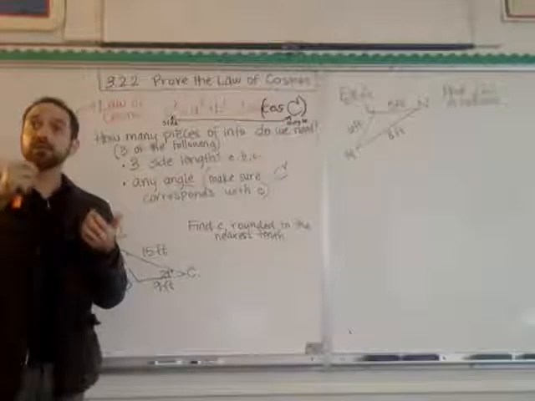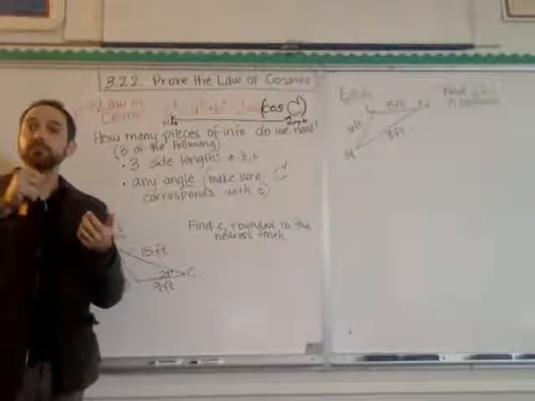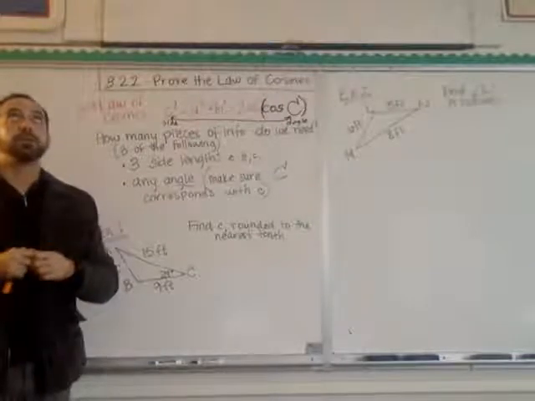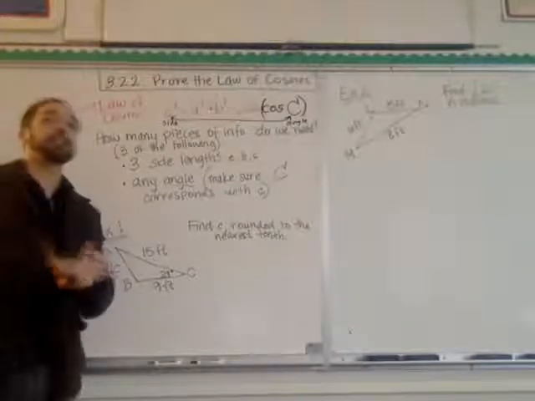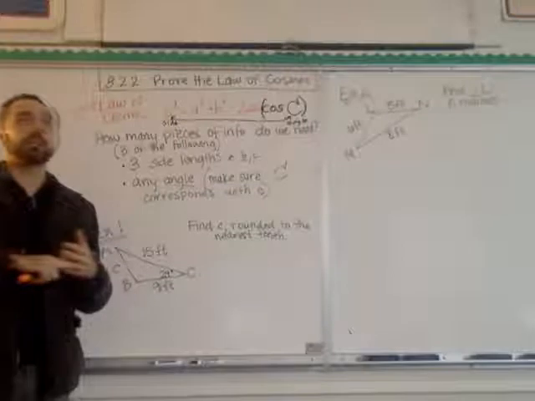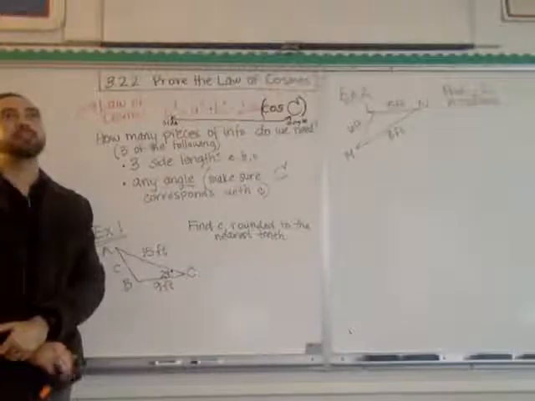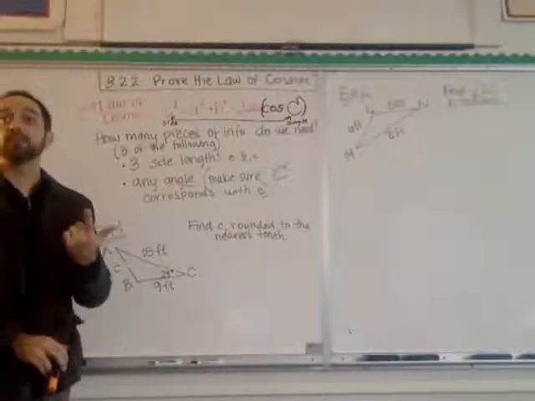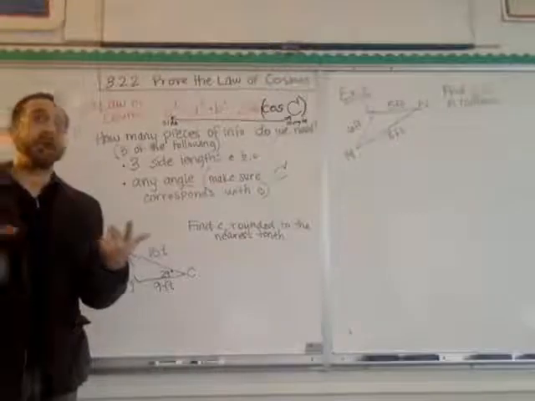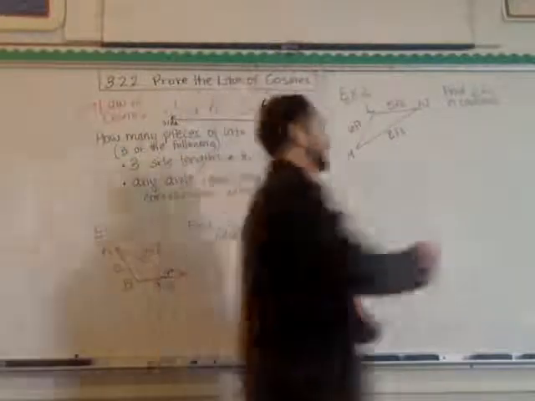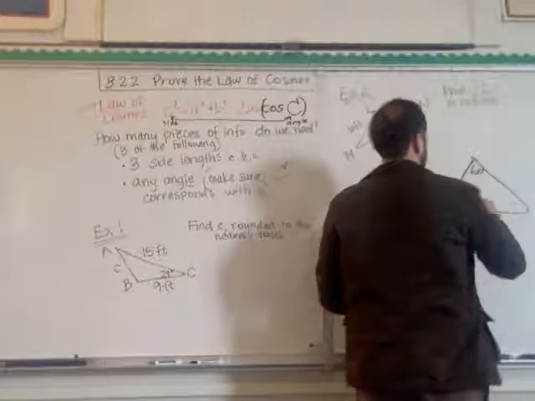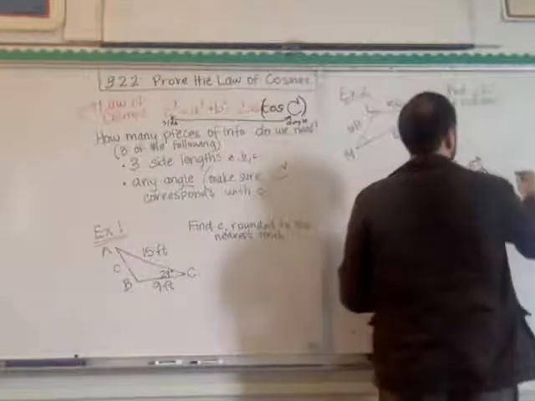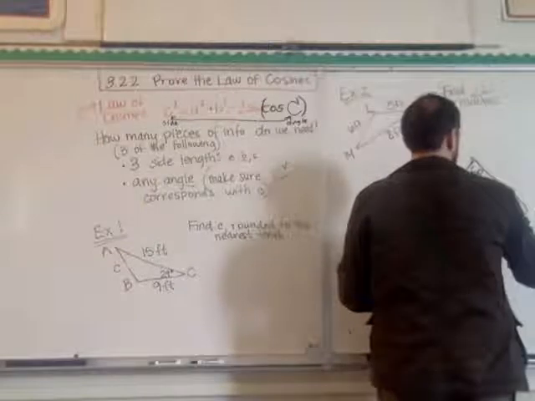Yes? Can we still do it if there were 2 angles on one side? If I had 2 angles on one side, I'd use the law of sines to find the other side. You could do a lot with that because you know the third angle, since they all add up to 180 or pi. So what you're suggesting is like, you know this is 60 and this is that, but you know 2 sides, maybe this is 10.